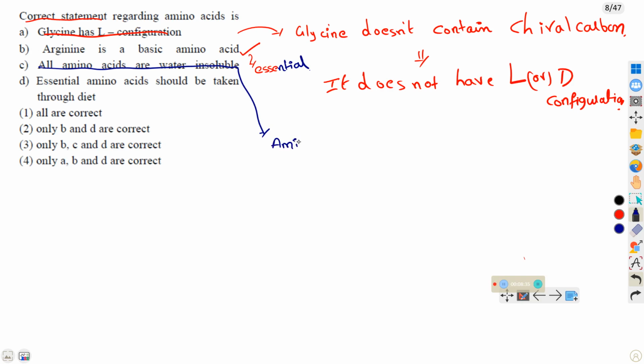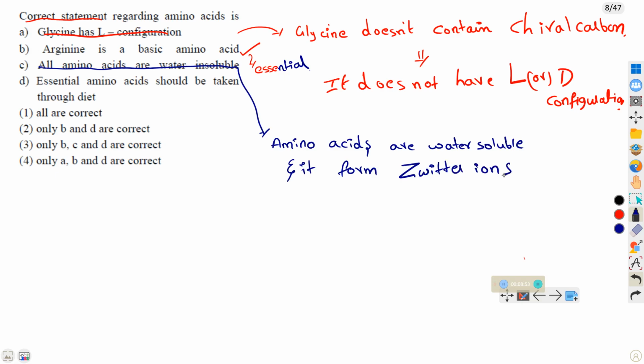Amino acids are water soluble and they form zwitter ions. Essential amino acids should be taken through diet. Yes, this is also a correct statement. Only B and D are correct statements.